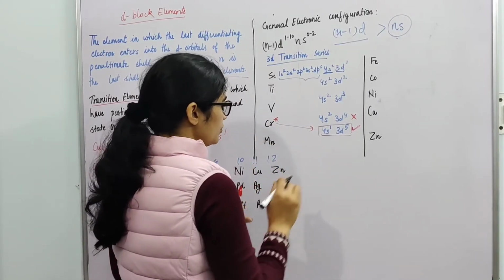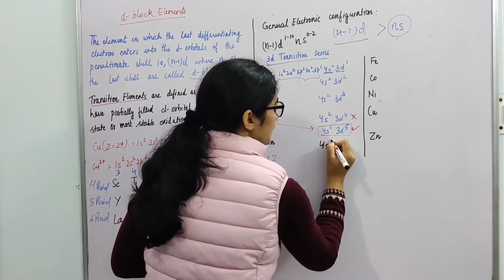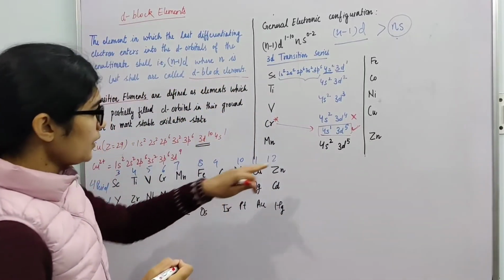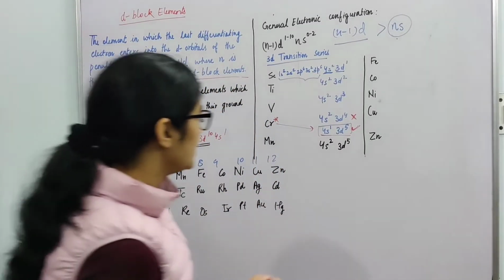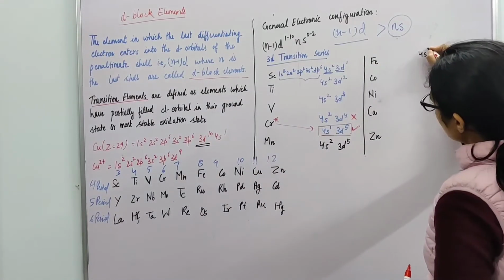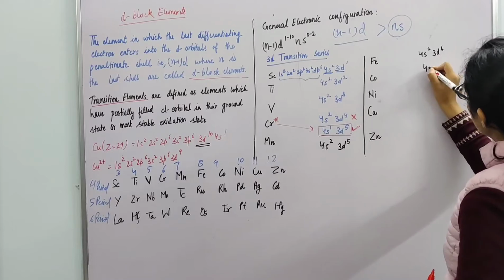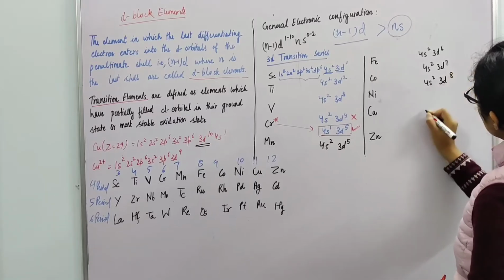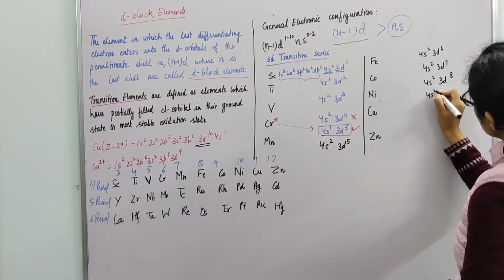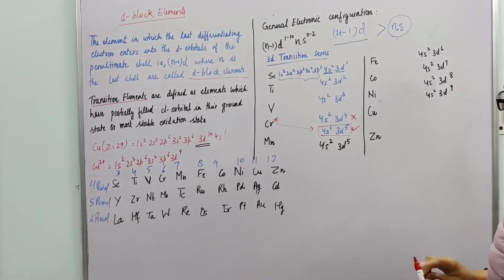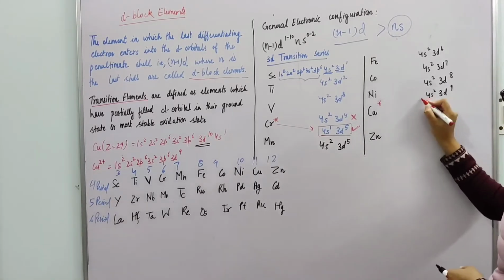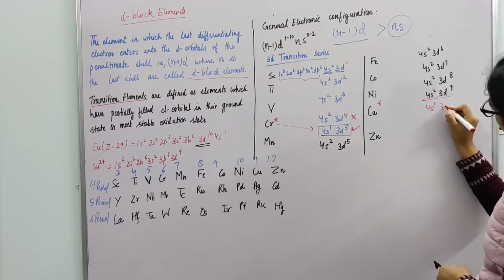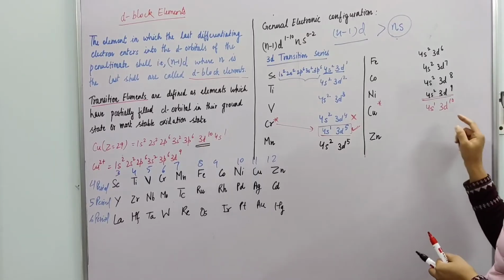Now let's move to manganese. It will have 4s2, 3d5. Moving on to iron, the electronic configuration will be 4s2 3d6, cobalt 4s2 3d7, nickel 4s2 3d8. Now copper should have 4s2 3d9, but similar to chromium, it gains extra stability if it has one electron in its 4s orbital, and that way it gets the completely filled d orbital.